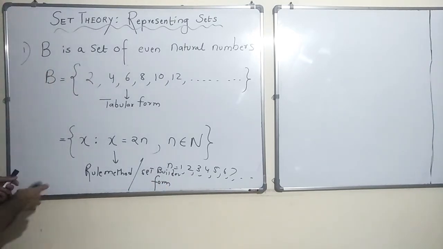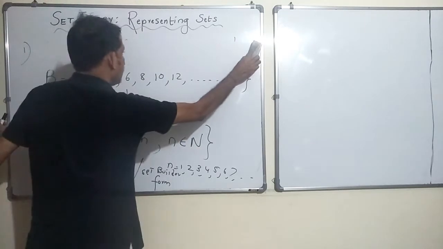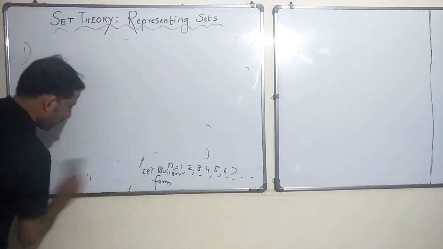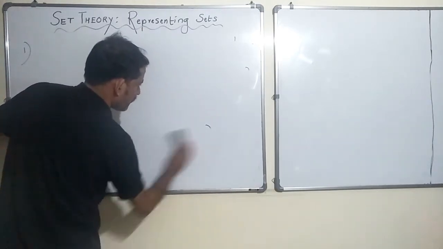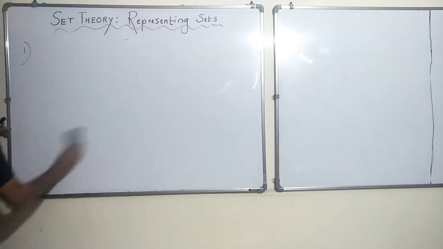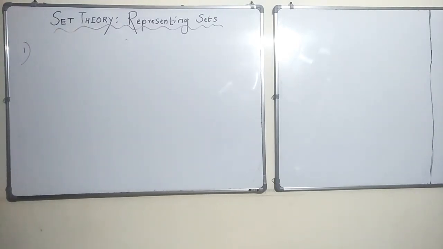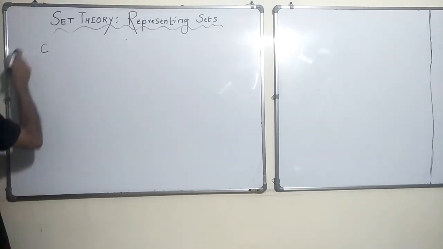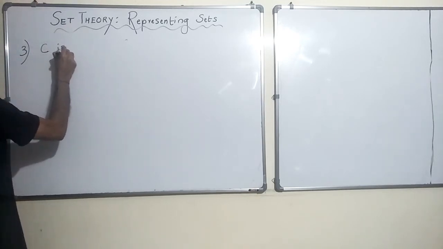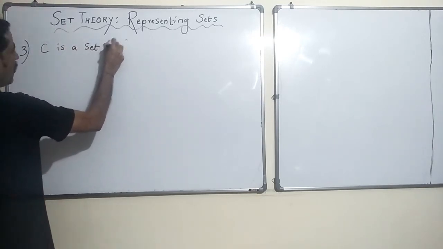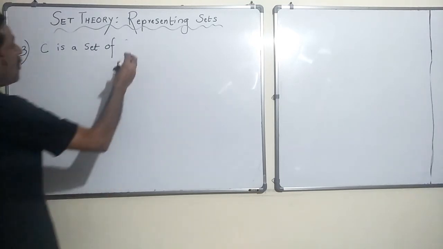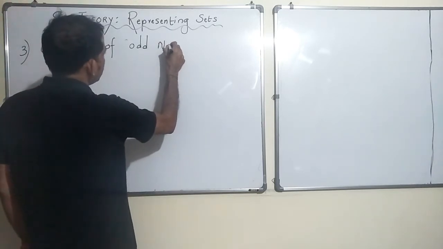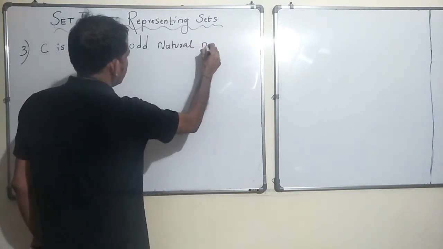Let's try what we have in the next example. C is a set of odd natural numbers.